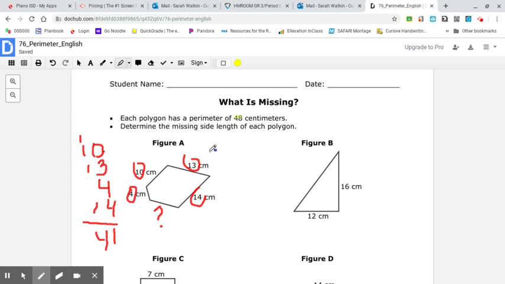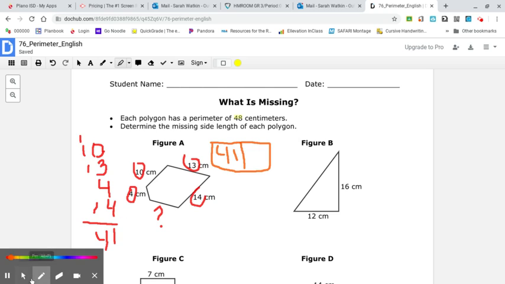So what I have is 41 plus something is going to equal 48.